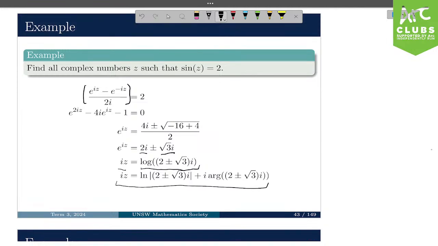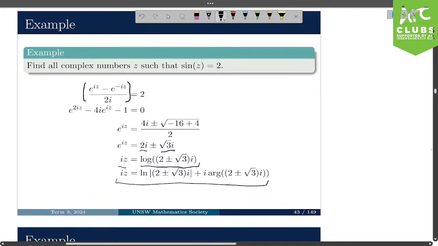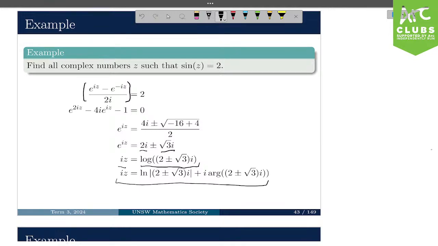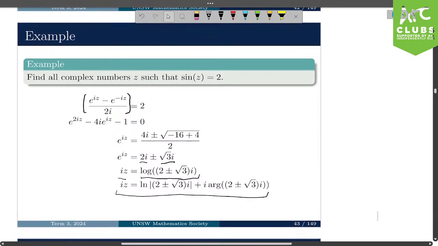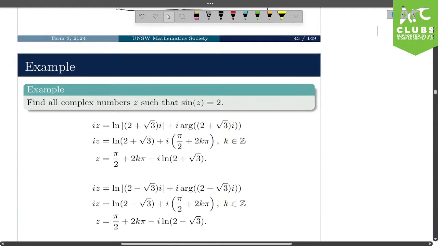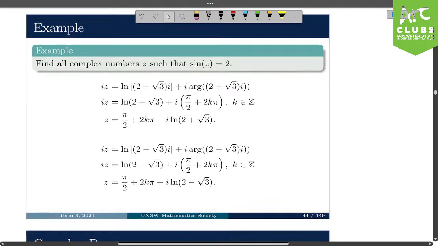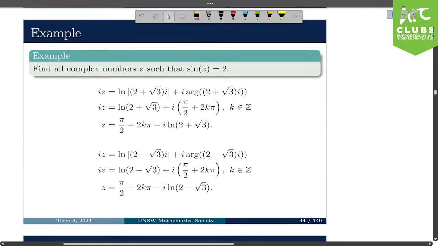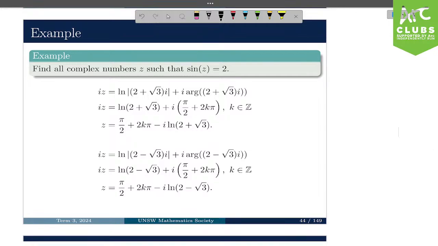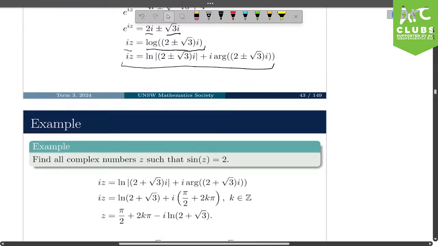And when we plug that in, we get this value. It's a bit difficult to simplify, right? But this is the full solution. Of course, we can write it out further, dividing the right-hand side by i, to get an expression for z.